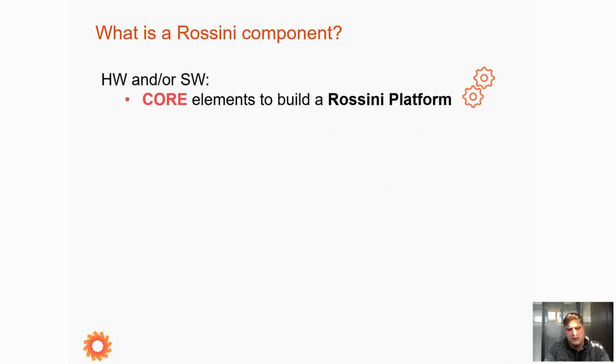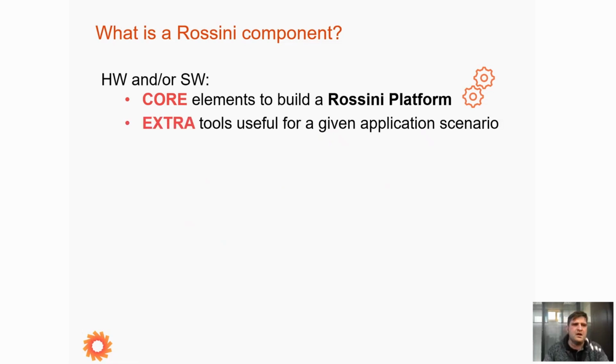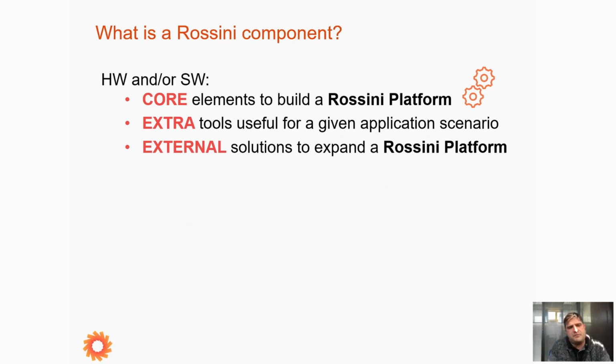Basically, we have identified core components, which are elements that are needed to build a Rossini platform, and extra components, which are tools that can be useful for a given application scenario, but are not necessarily needed to build the Rossini platform. And then we also have the possibility to expand the Rossini concept, including external solutions within the Rossini platform.